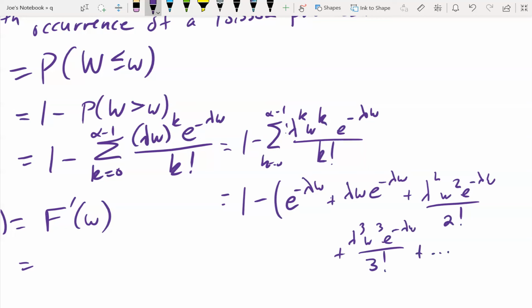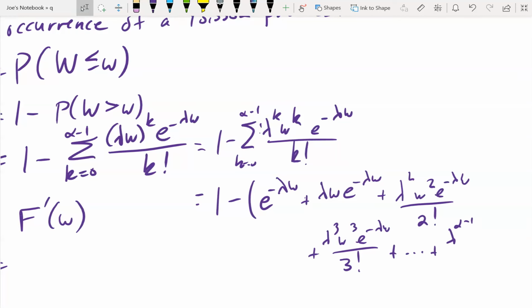And keep on going until I get to lambda to the alpha minus 1, w to the alpha minus 1, e to the minus lambda w over alpha minus 1 factorial. That looks ugly, and it's going to look ugly for a minute, but things will get better, I promise.